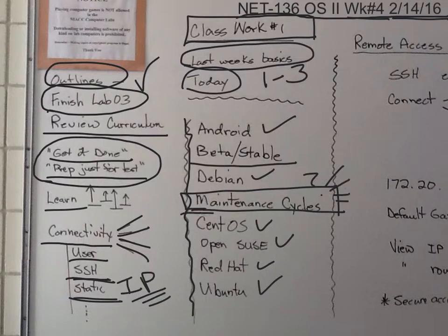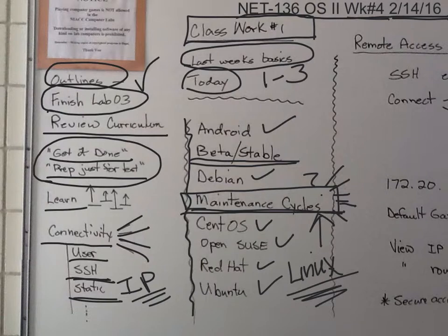If the maintenance cycle is a year, then you don't have to worry about updates for a year unless there's a specific update that it needs. That's one of the problems with open source software like Linux, keeping up with the updates.